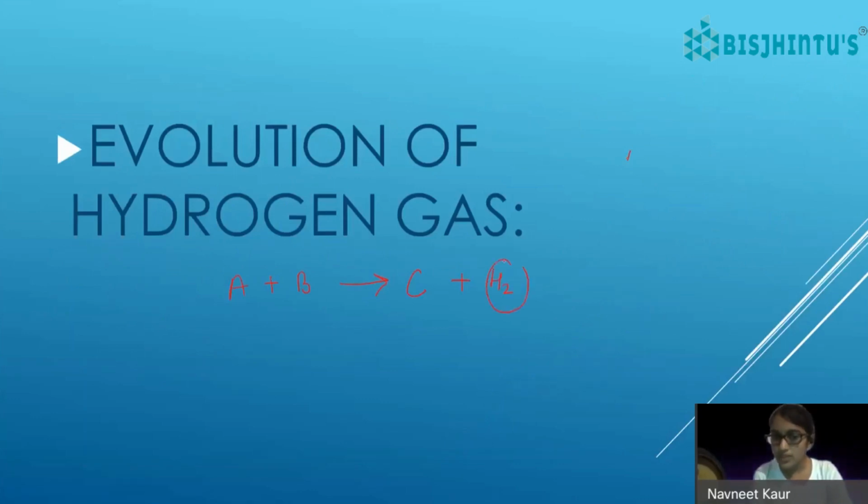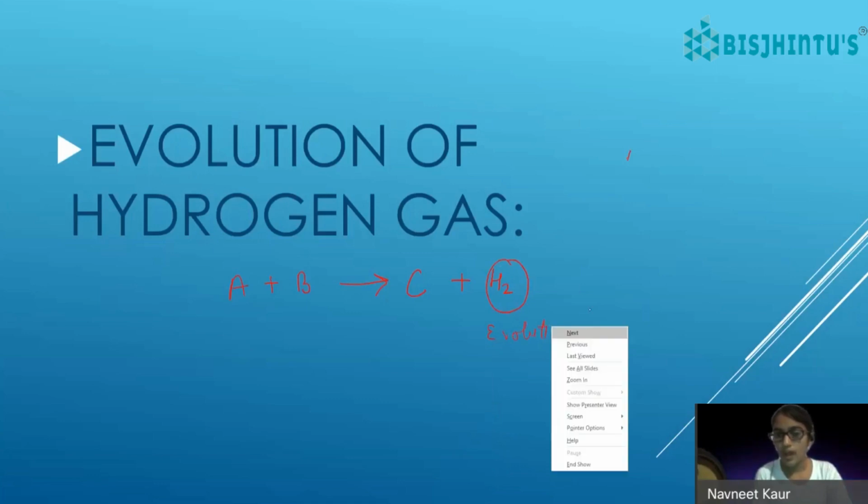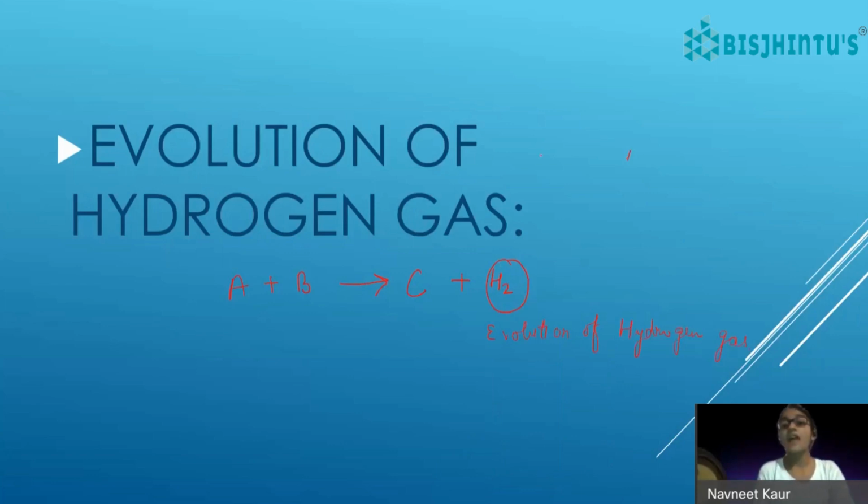So this H2 is evolution of hydrogen gas. And if you remember, how can we test the presence of hydrogen gas?